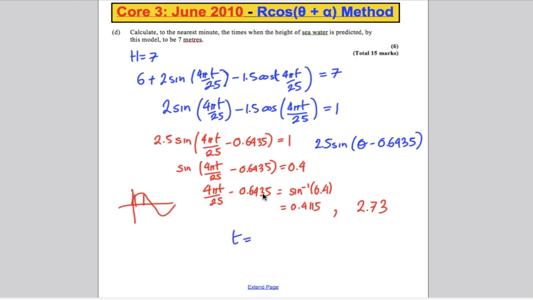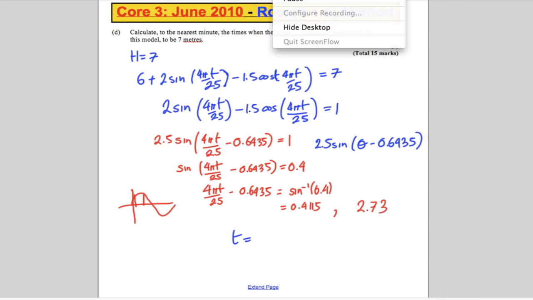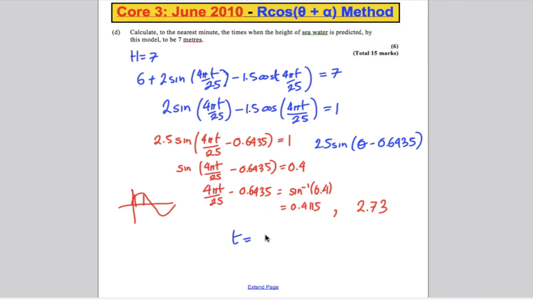For that number, I add on 0.6435 times 25, divide by 4 pi, do the exact same for this. I'll leave you to do that, but you should get t equal to 2.1 or t equal to 6.7.